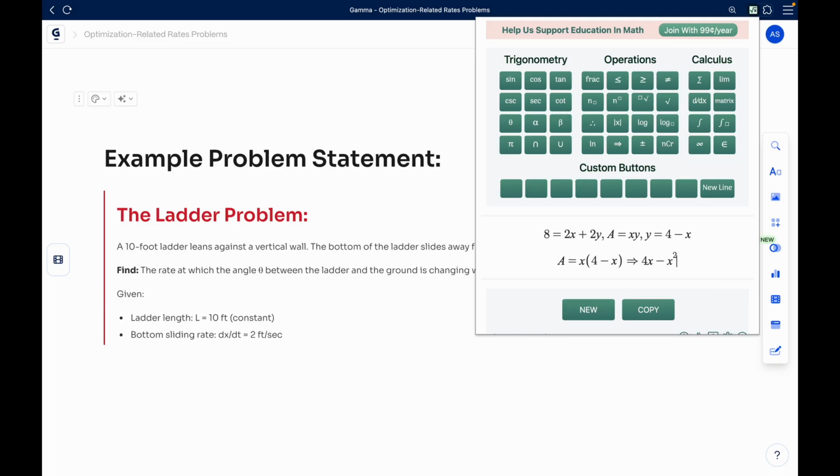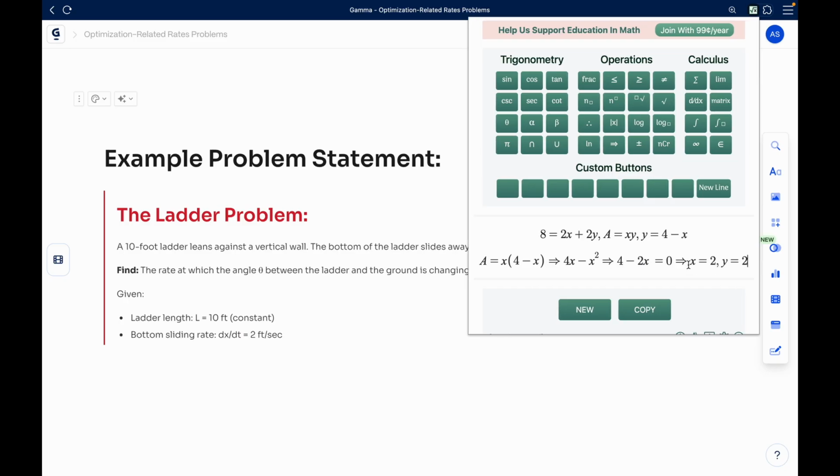So now that we have that, we can differentiate this to get 4 minus 2x is equal to dA/dx, which we're going to set equal to 0 for our optimization problems. So then x is going to be equal to 2, and by y equals 4 minus x, y is also going to be equal to 2.